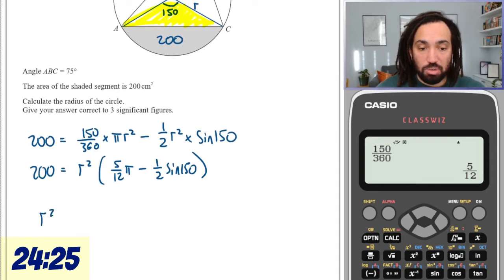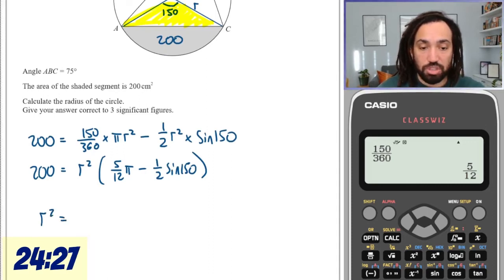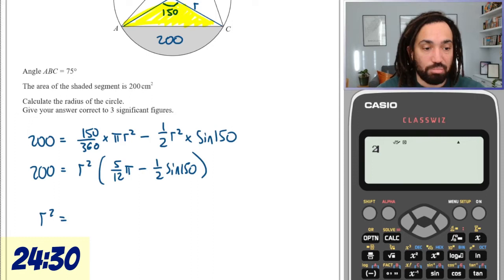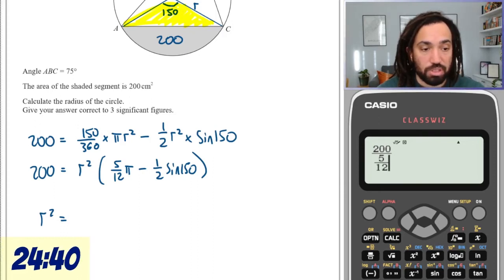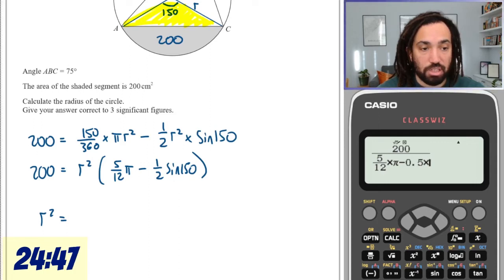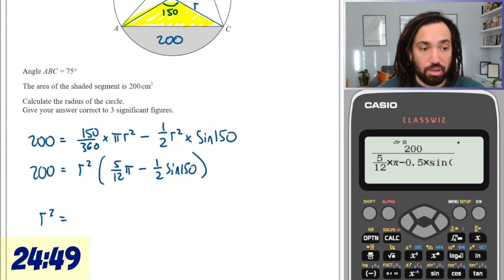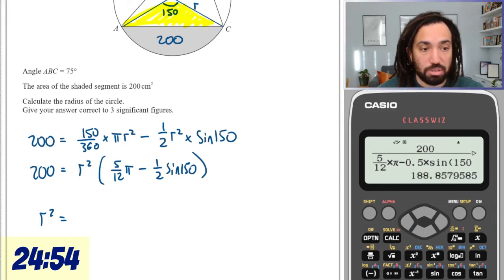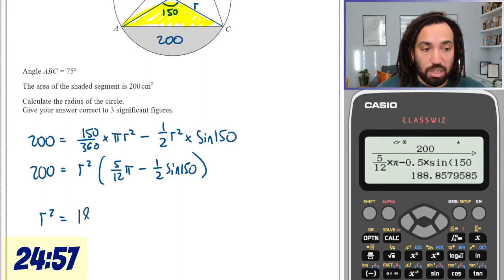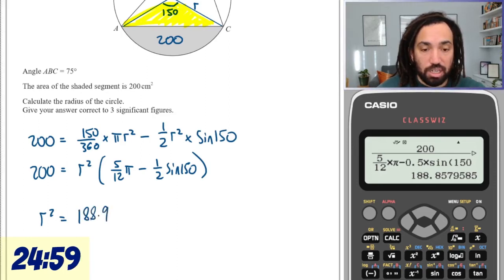Okay, so therefore r squared is equal to 200, not minus, sorry, divided by that big bracket, which is 5/12 times by pi minus 0.5 times by sine of 150, close brackets, equals, okay, so 188.9.